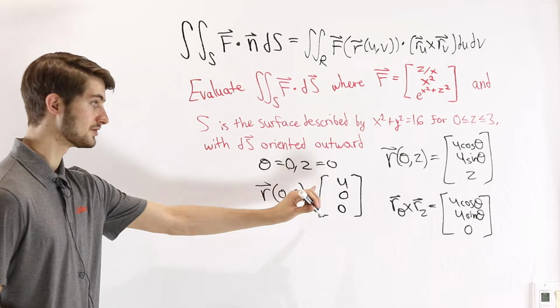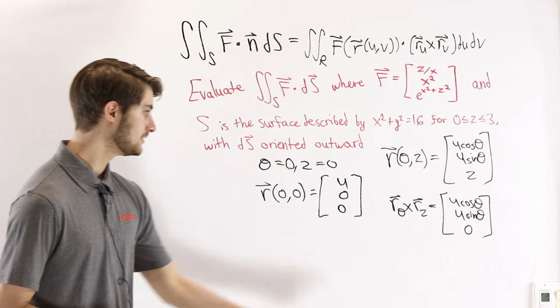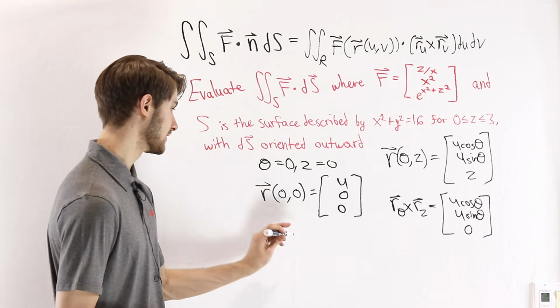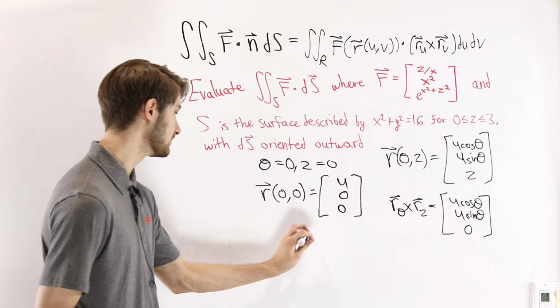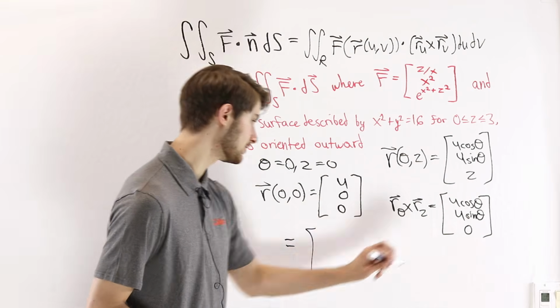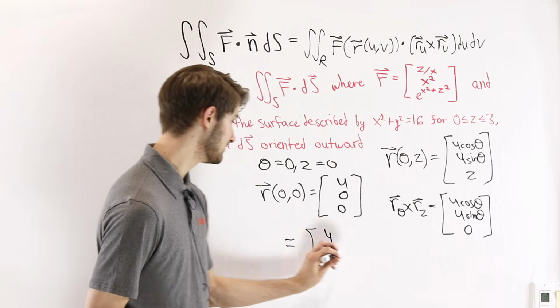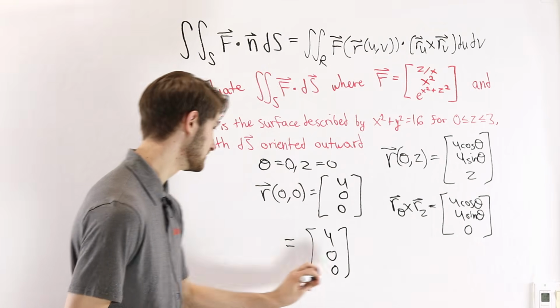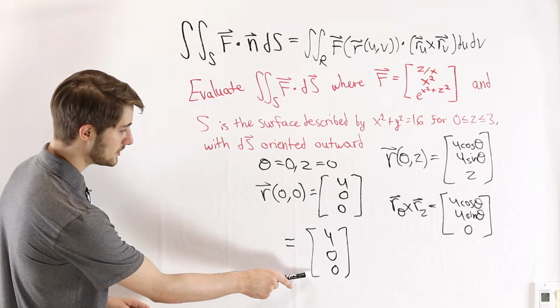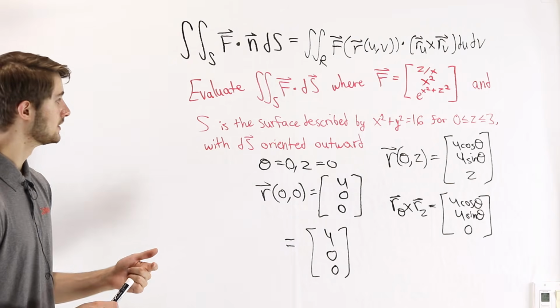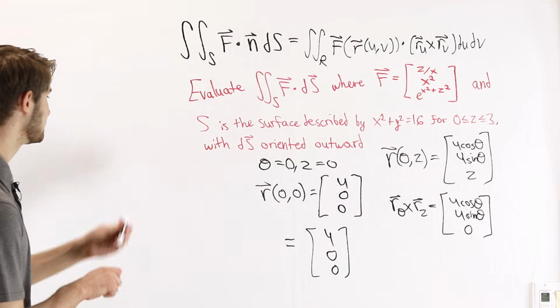So this is our point, and then our normal vector is going to be given by this cross product evaluated at 0, 0. That's going to be 4 cosine 0 is 4, 4 sine 0 is 0, and then we have a 0. So this is the normal vector to the surface. Remember that this surface is a cylinder.